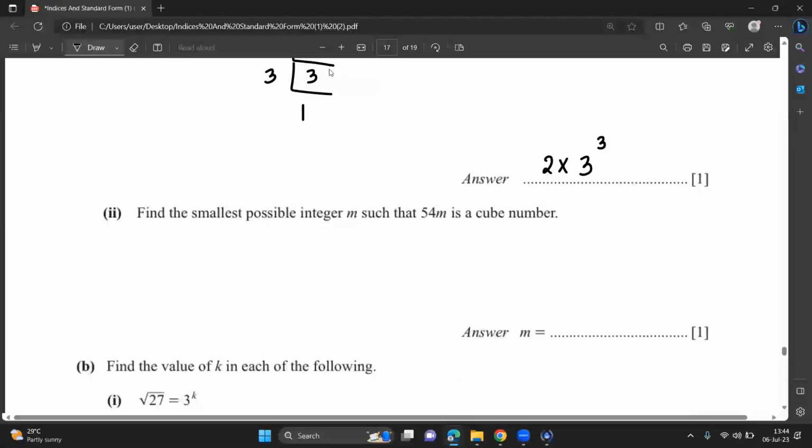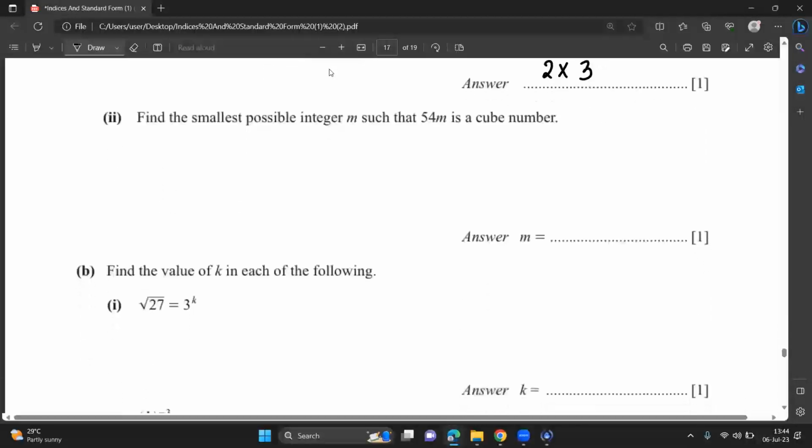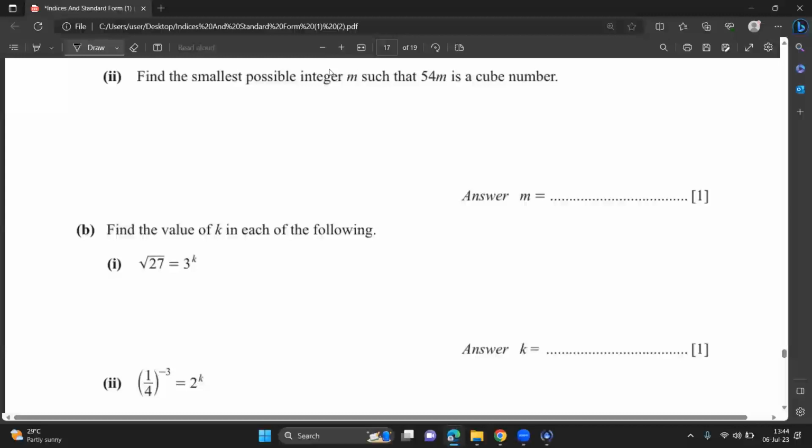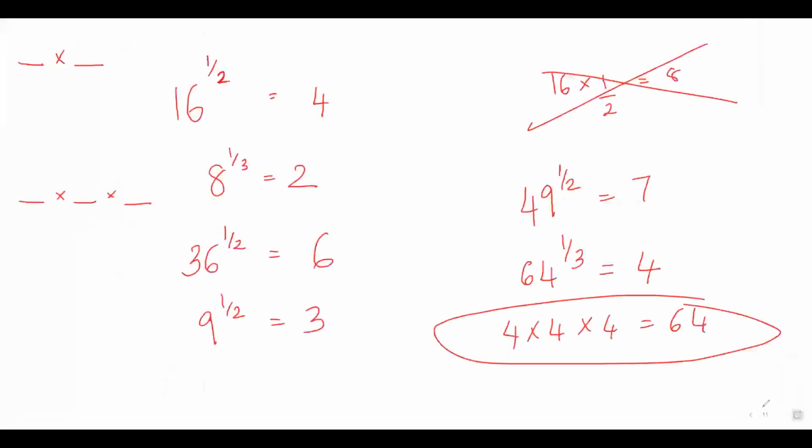Find the smallest possible integer m such that 54m is a cube number. Now this is very interesting. Now look at this. If I tell you a is equal to 5 squared, is this a square number? Yes. Why?